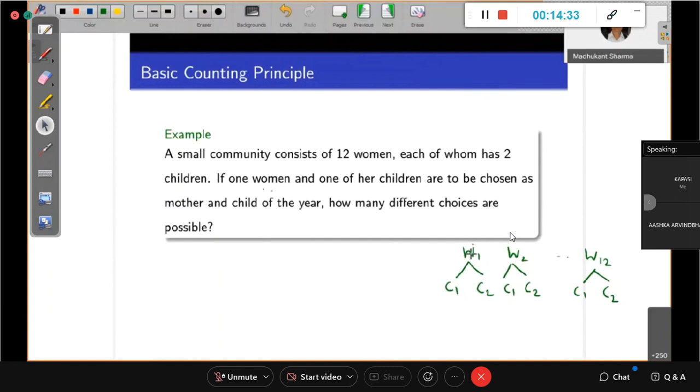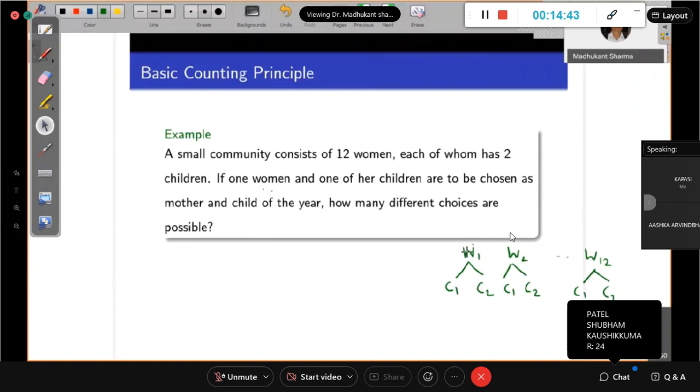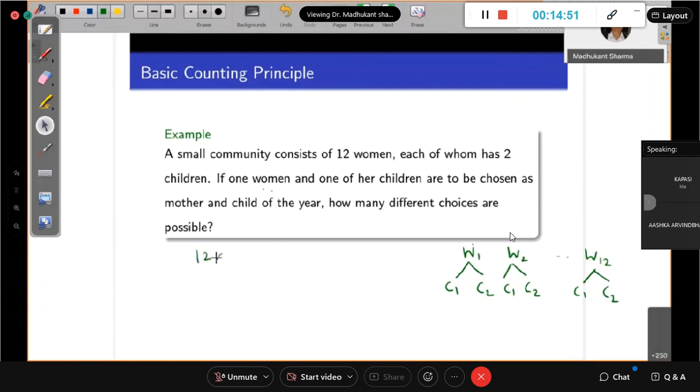So you can combine W1C1, W1C2, W2C1, W2C2, and so on. Each woman has two choices, so 1 into 2 plus 1 into 2 plus 1 into 2, and so on 12 times. That is 12 into 2, so the number of possible different choices is 24.